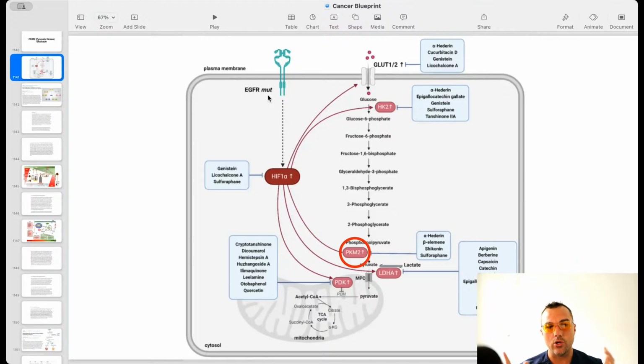Those correspond with upregulating gene expression of all of these glucose transporters and lactate dehydrogenase and PKM2. And then PKM2 and other enzymes can actually feed back and upregulate themselves. So it's kind of like a vicious cycle.